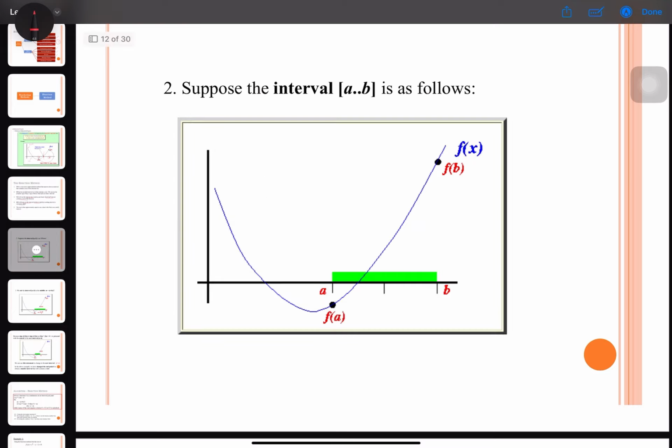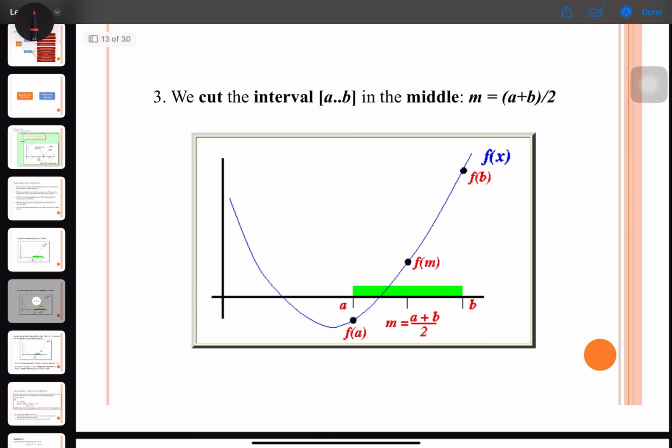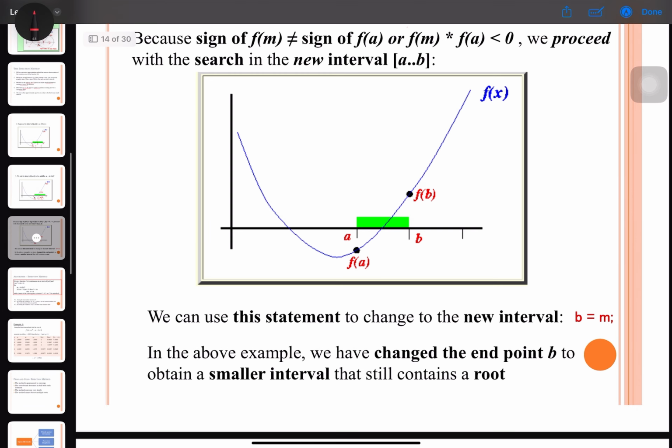Okay, just now we have A to B. You are looking for this root. So from A to B, they cut into half here, and then they check your root is here or here. So that's why they are using middle point equation.